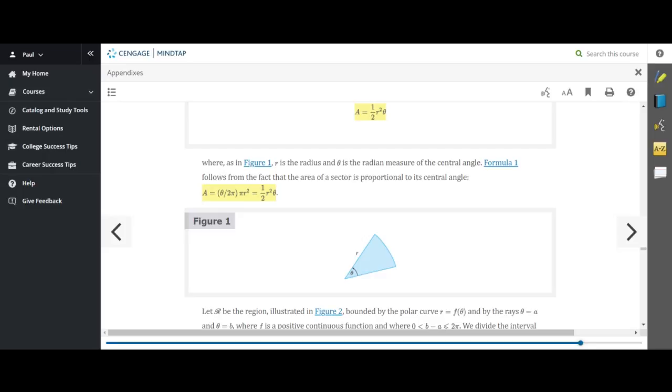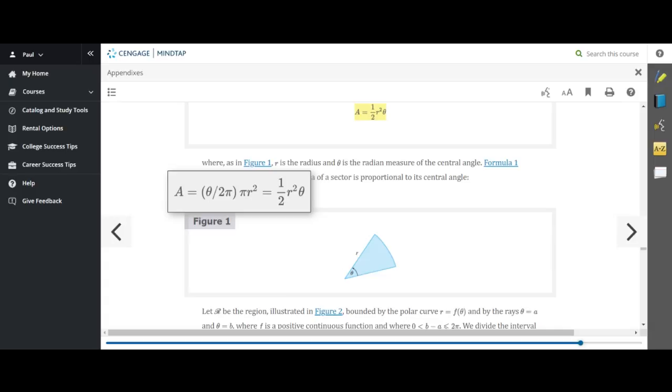And remember, if you think of a whole circle, the area of a whole circle is what? It's pi r squared. So for example, if you take this formula for area and substitute in 2 pi for theta, if your sector is the whole circle, theta would be equal to 360 degrees, or 2 pi.